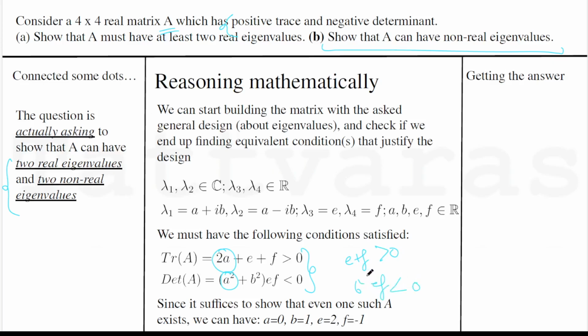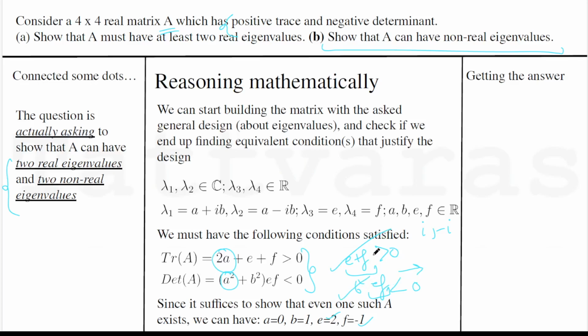And the simplest to go from this would be to take B as 1, which means your eigenvalues are completely imaginary and very nice imaginary eigenvalues, i and minus i. And the other two real eigenvalues, you can play around and get simple values. I have chosen 2 and minus 1 because 2 plus minus 1 is 1, which is greater than 0. And 2 into minus 1 is minus 2, which is less than 0.